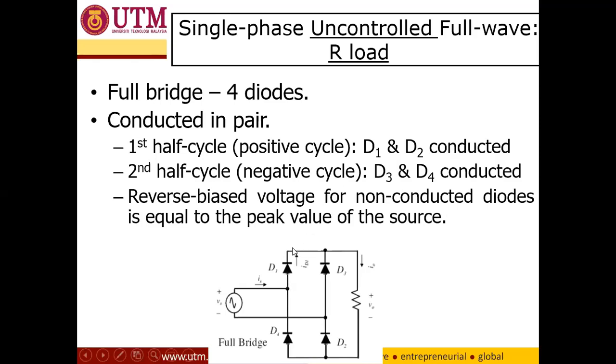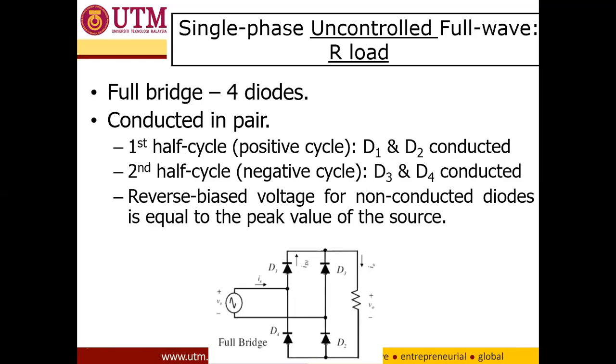In power electronics, if we have two legs, this is considered a full bridge. If you have only one leg, we consider it a half bridge. This circuit we will analyze based on a very simple load, which is the R load.